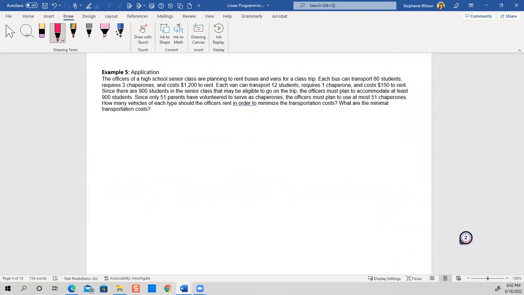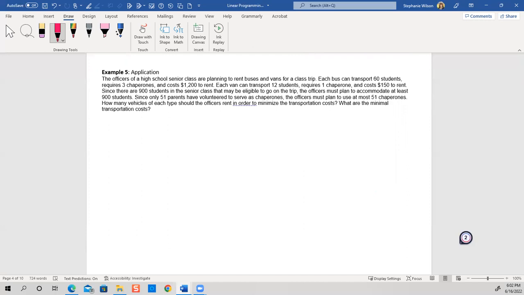So let's do our last application problem here. So what do we got going on here? Officers of a high school senior class are planning to rent buses and vans for a trip. Each bus can transport 60 students, requires 3 chaperones, and costs $1,200. The van can transport 12 students, requires 1 chaperone, and costs $150 to rent.